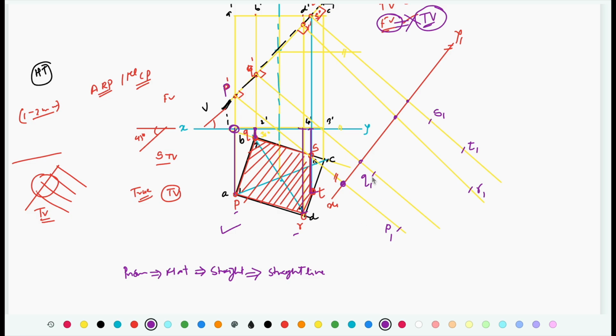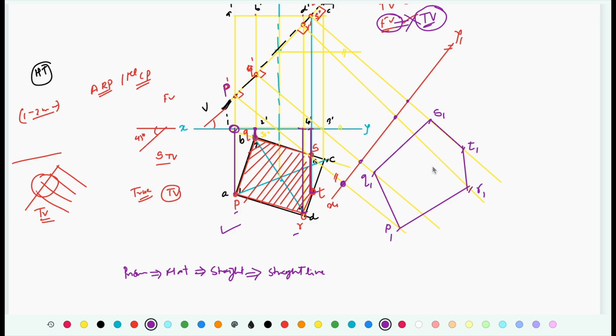Okay, so connect all the points with a straight line with each other. So let's say this is PQ, this is S, this is T, this is R, and this is P. So this is the true shape of the section.